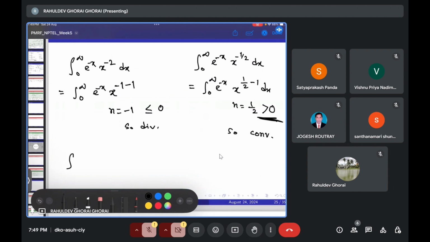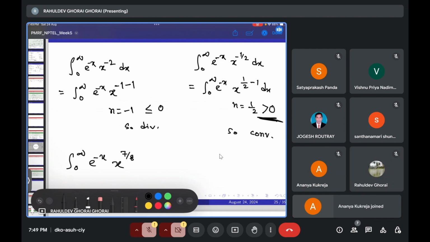So you can check it for 0 to infinity e to the minus x times x to the power 7 over 8. What will be the value of n?